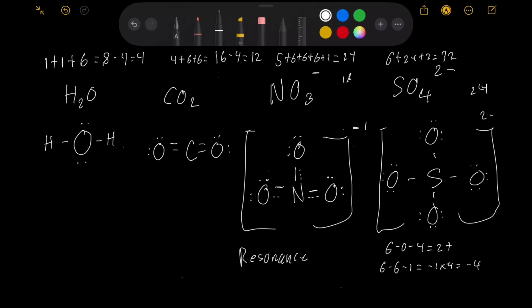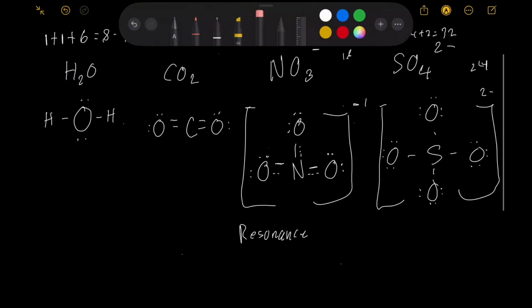But another thing about formal charges, you always want to minimize formal charges for elements as much as possible. So in this case, we can try to minimize other elements. And for this compound, sulfur can have what we call an expanded octet, so we can put more than 8 electrons in there. So let's check what we can do exactly. Well, we want to try to reduce S's formal charge as much as possible.